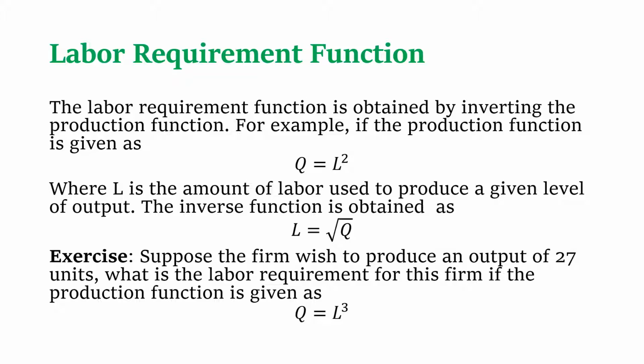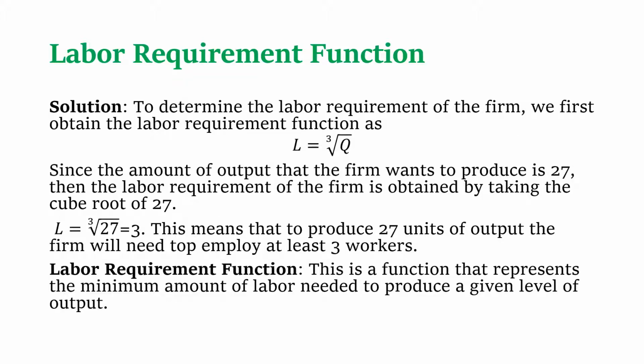Instead of having output in terms of labor, we now have labor in terms of output. So the labor variable is going to be a function of the cube root of output. Now all we need to do is plug in the value 27 in place of Q. So we take the cube root of 27, which is 3.